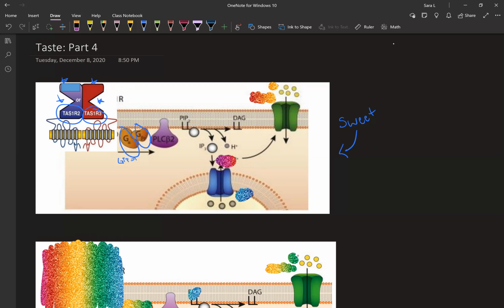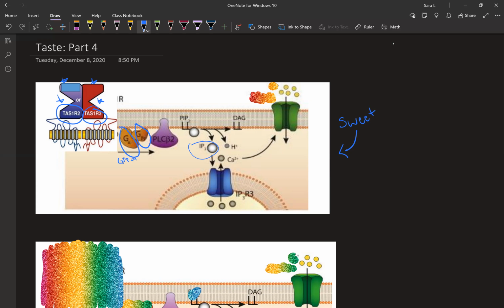The proton is just going to float off and do its own thing, but over here, the important thing is that we have our IP3. The reason why IP3 is important is because we're going to then use that IP3 to activate an IP3 receptor. And so the IP3 receptor, which is going to be located right over here, is actually going to allow the influx of calcium, right?